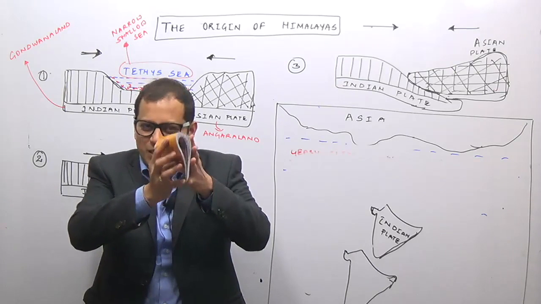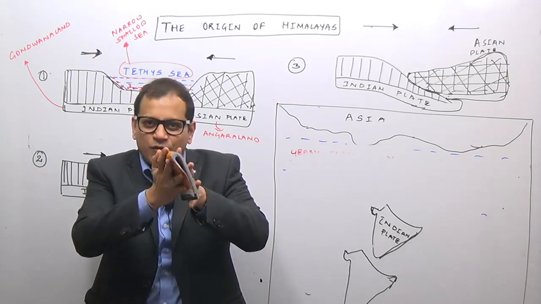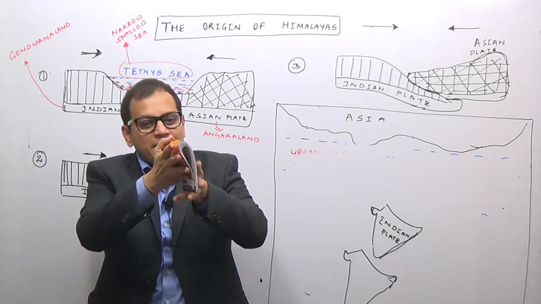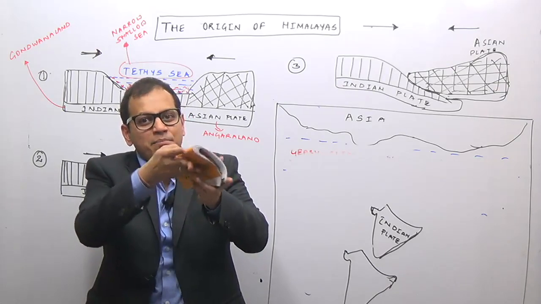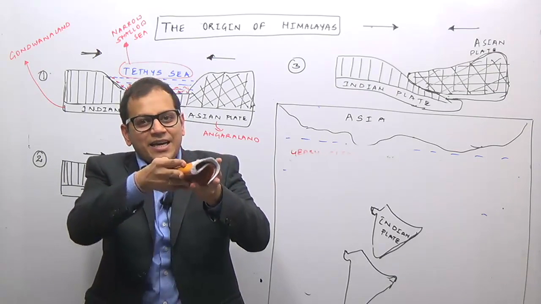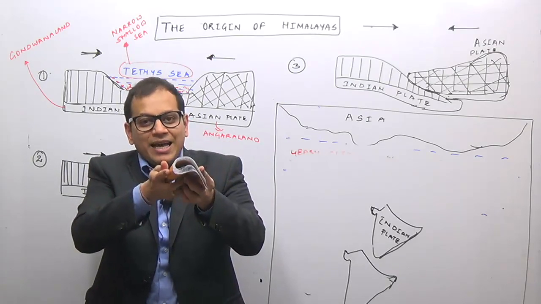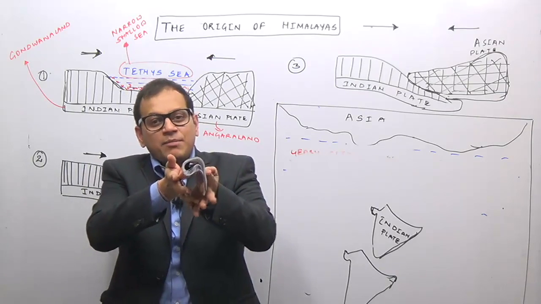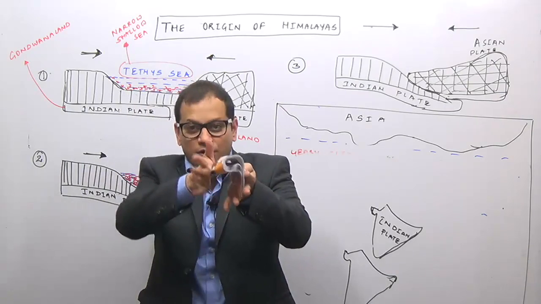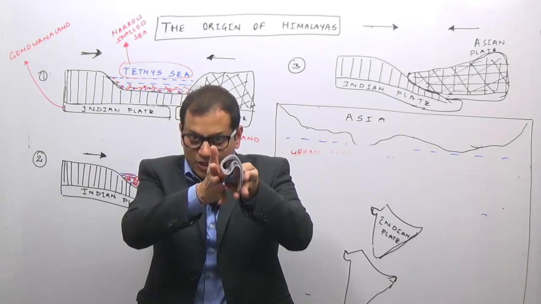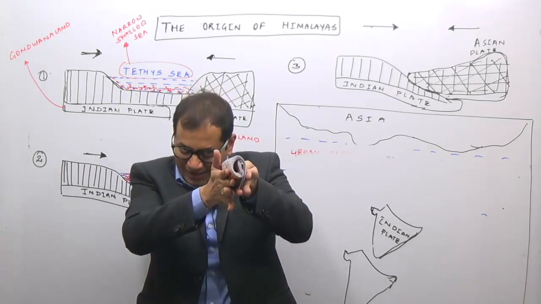Not just one single fold mountain: as the folding keeps on continuing, we get asymmetrical folds and then recumbent folds, and the process of folding goes on, and thus a large amount of fold mountains are formed. Even today the Indian plate is going below the Eurasian plate and thus folding the Himalayas.